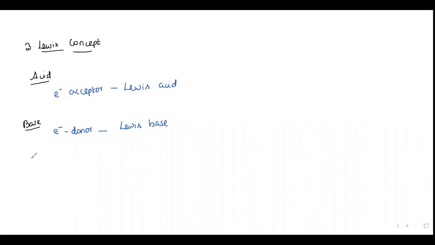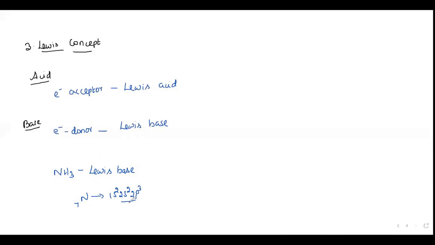Okay, which one will donate electrons, which one will accept electrons? How to find out? Electron rich species. Example, ammonia. Ammonia is Lewis base. Nitrogen, atomic number 7, electronic configuration 1s2, 2s2, 2p3. In the outermost shell, it has 5 electrons.